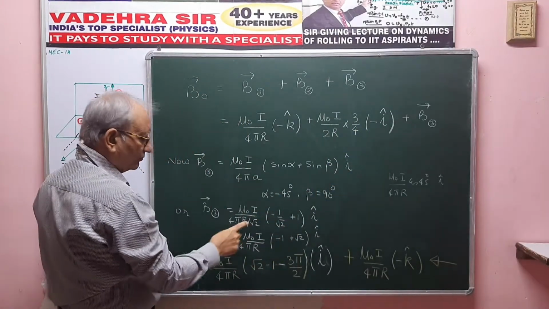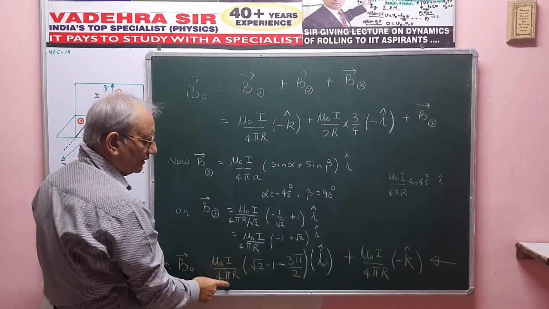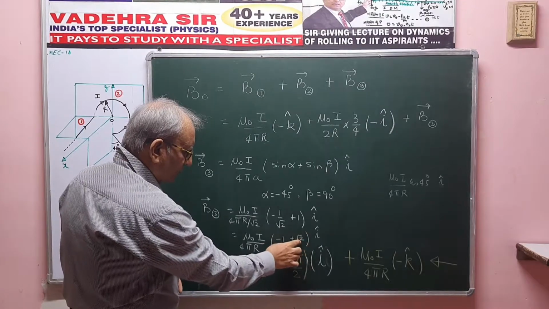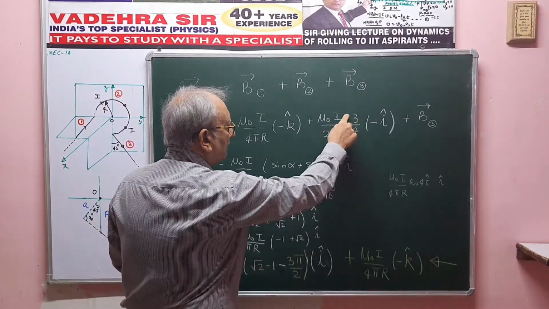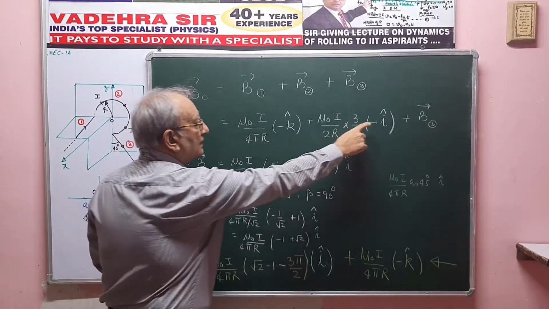I take the common mu naught I by 4 pi r. So mu naught I by 4 pi r is common. So inside I'll get this part, that is root 2 minus 1, and this whole thing I multiply and divide by pi. So I'll get 3 pi by 2 minus.